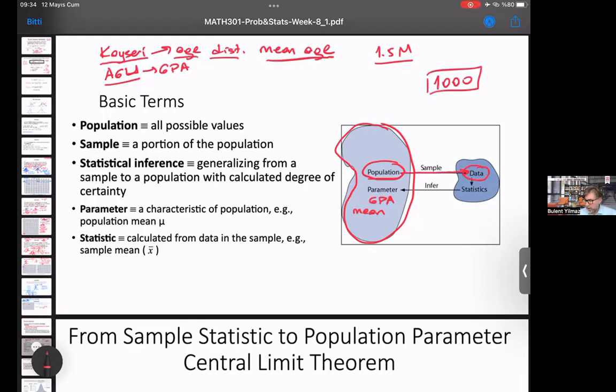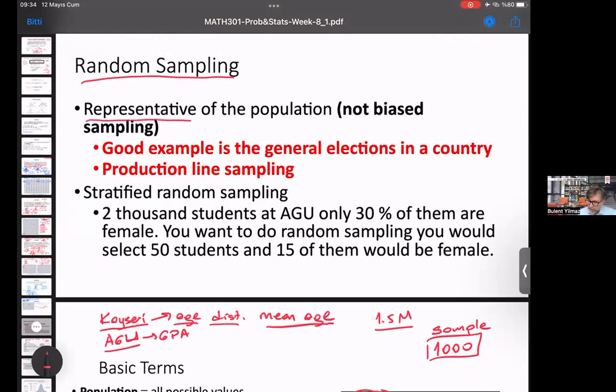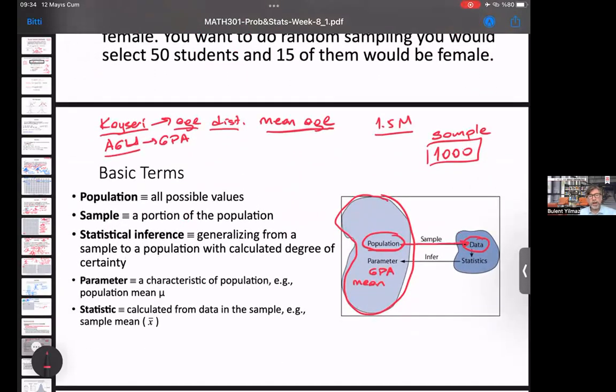But when I'm choosing this sample, it is very important to choose which people to ask. For example, it should be representative. There should be people from children and many other groups. Or I'm interested in the mean monthly income of people living in one neighborhood in Kayseri.